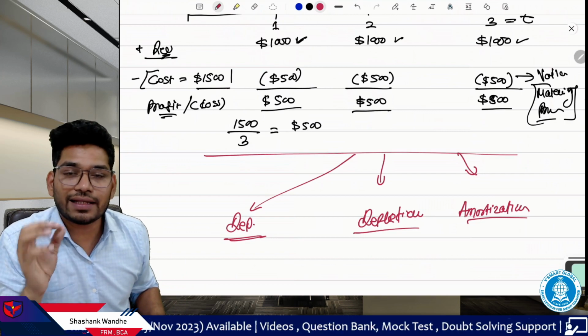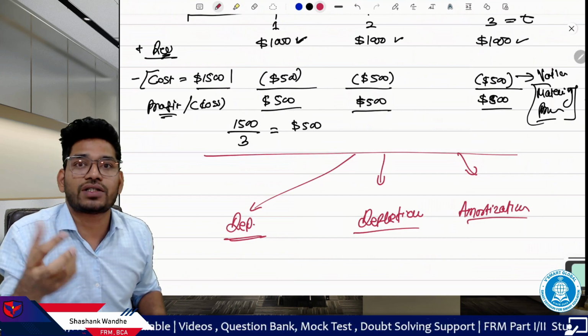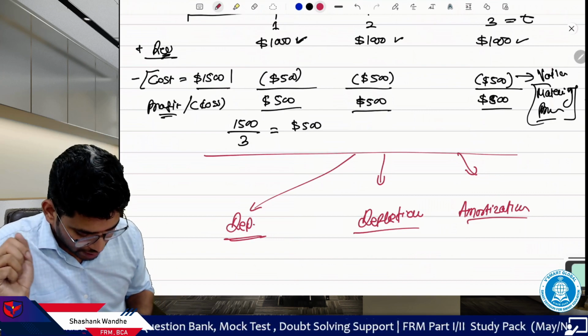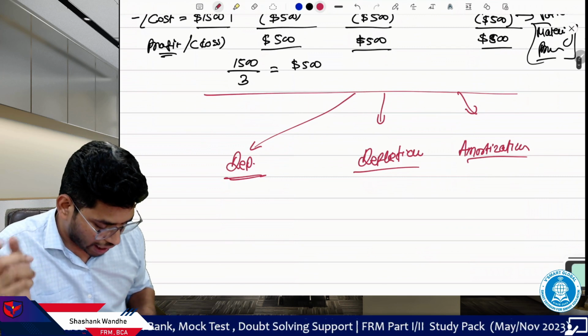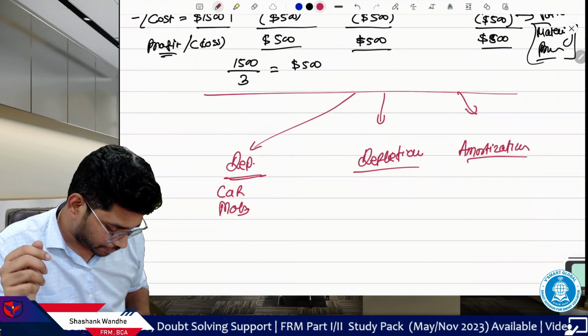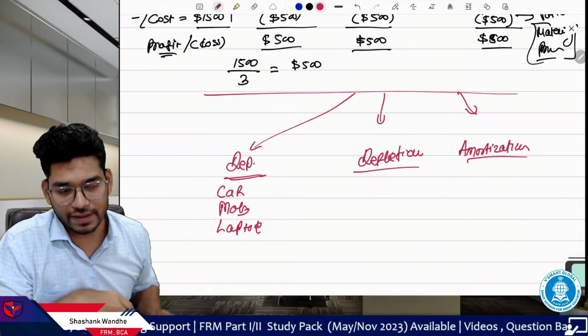So the word depreciation is suitable for assets which decline in value with passage of time. Very simple. For example, depreciation can be charged on a car, mobile phones, laptop, like this. Okay, so similar type of assets.